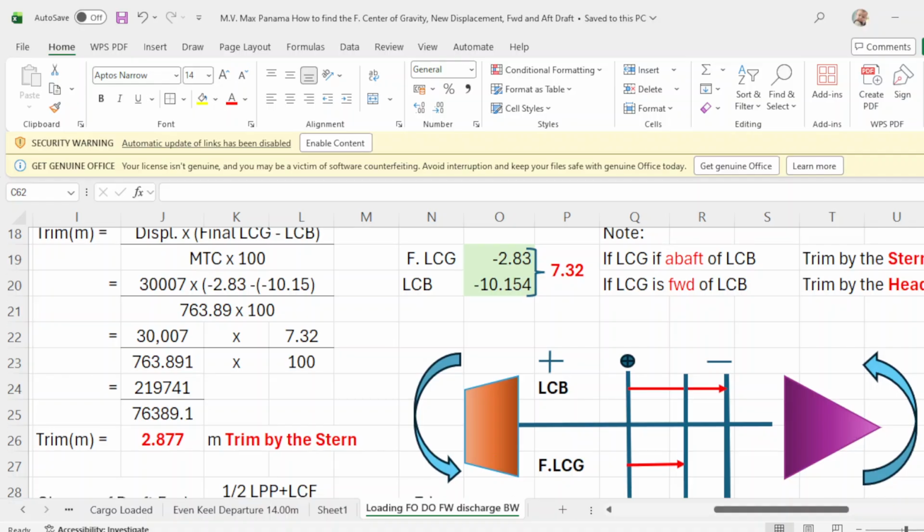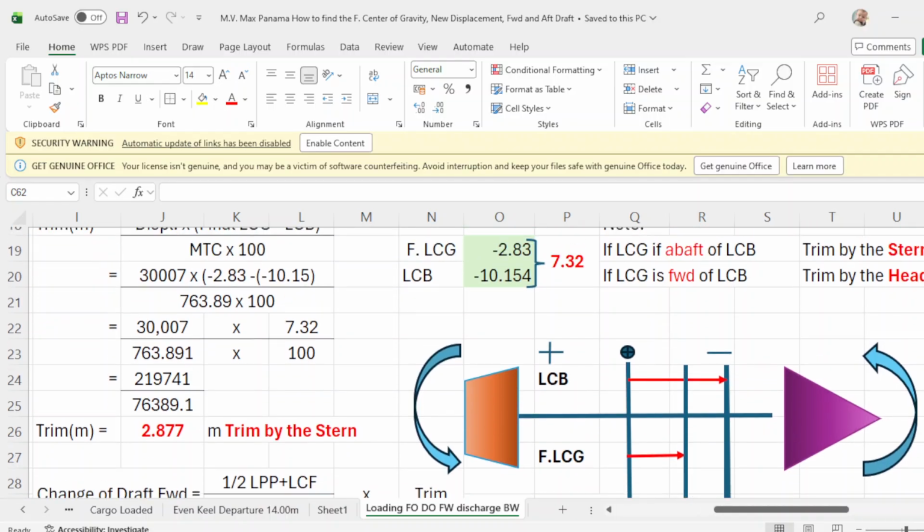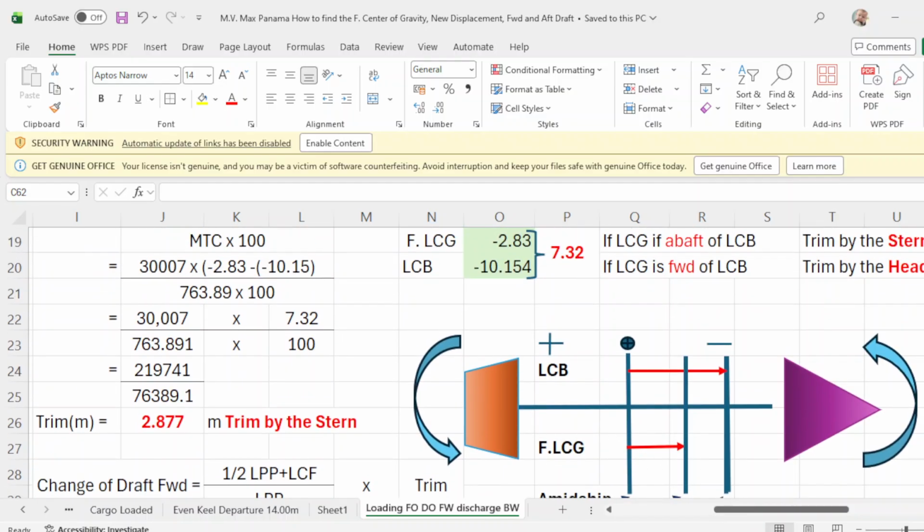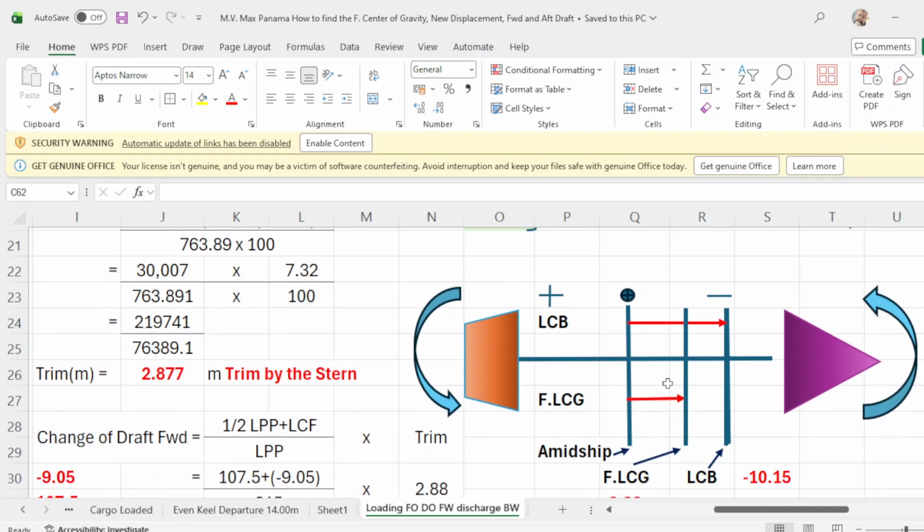Okay. Now, when you say LCG, a vertical line, this means the whole weight of the ship, the weight of non-cargo weights, all weights on board, that will be your LCG or vertical line. Okay?